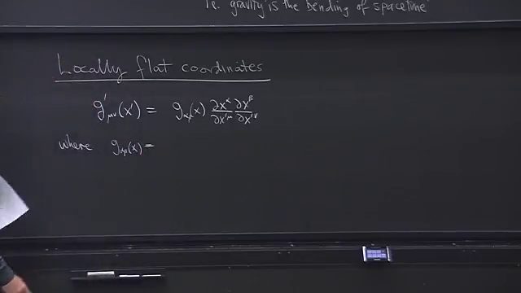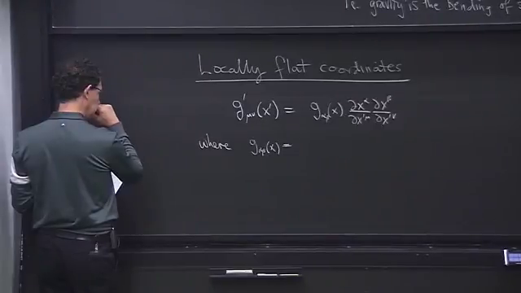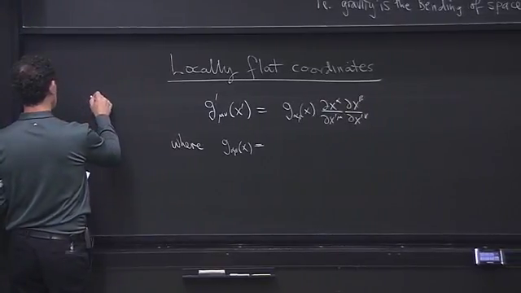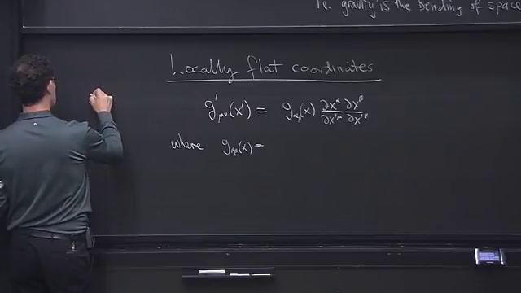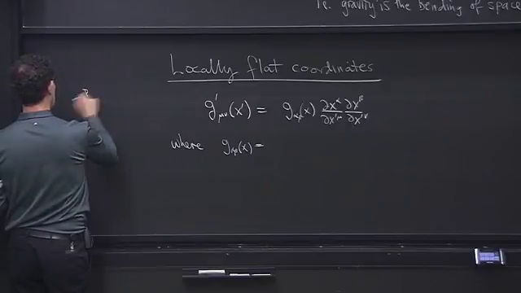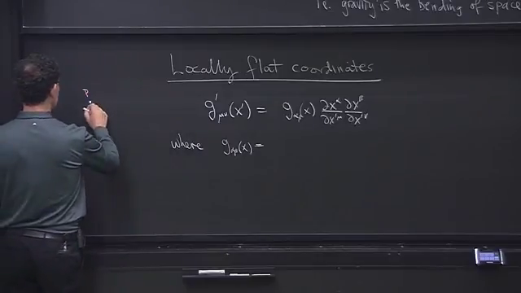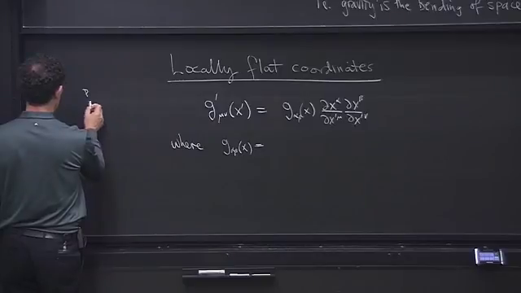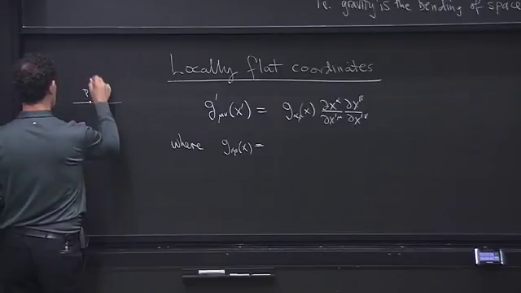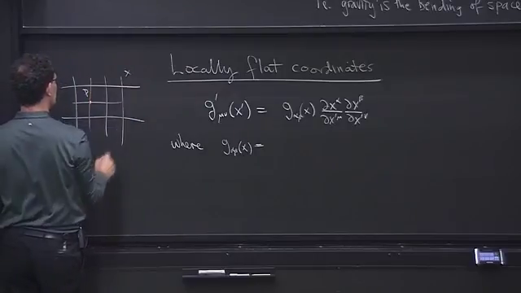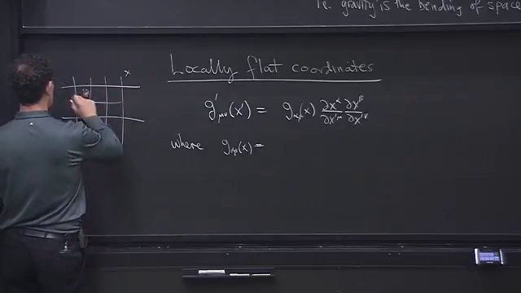So what I'm going to do, just for convenience, is choose the point x equals 0. So I've got some point, P. I've got these two coordinate systems, which I can think of as a grid. This is the x coordinate system.